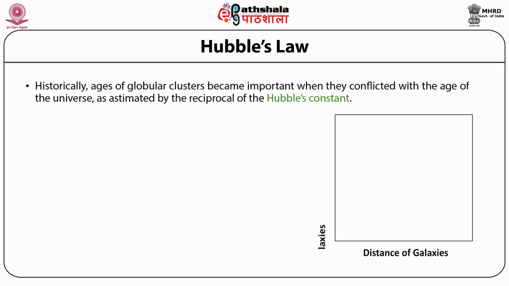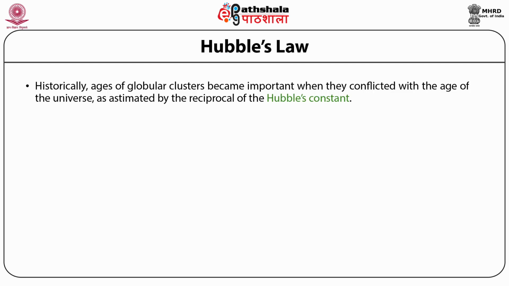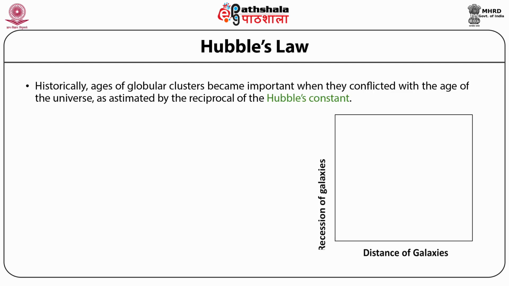Hubble's law. Historically, ages of globular clusters became important when they conflicted with the age of the universe as estimated by the reciprocal of the Hubble's constant.